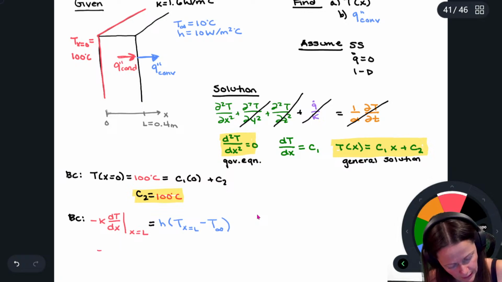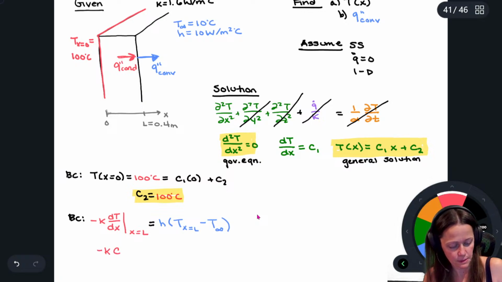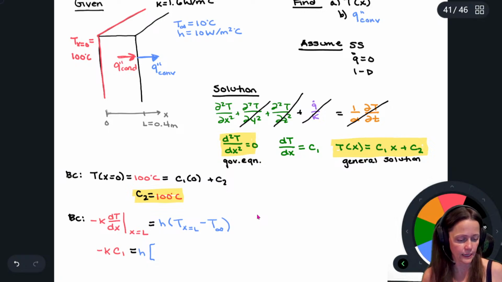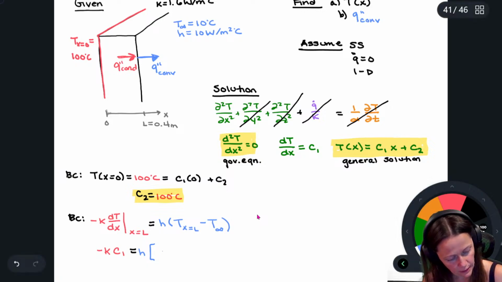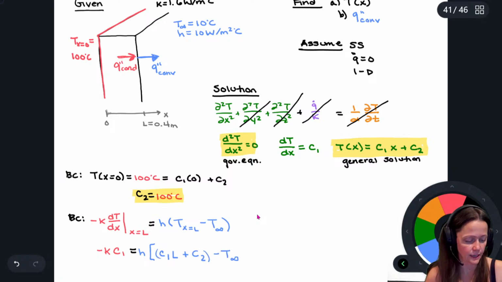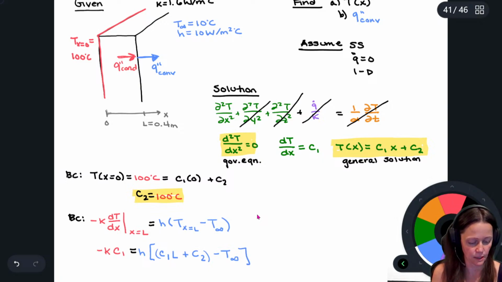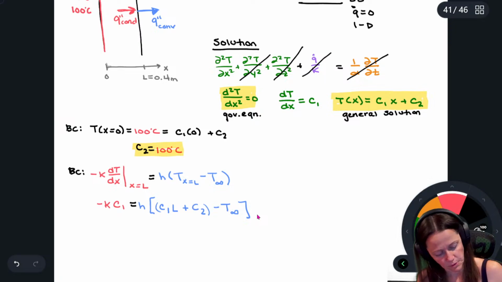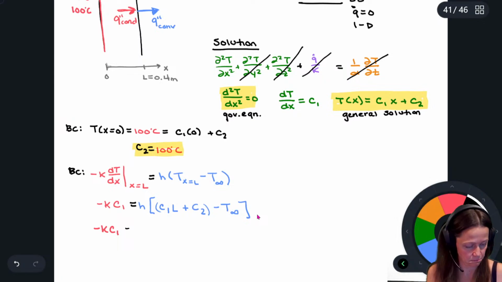So this would be negative k times C1, and this is equal to h times T at x equals L, which is C1 L plus C2, minus T infinity. Yes, I know what C2 is, and that's fine.